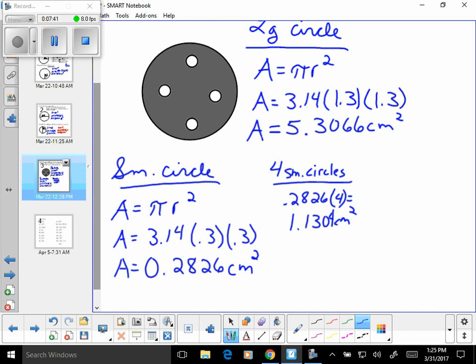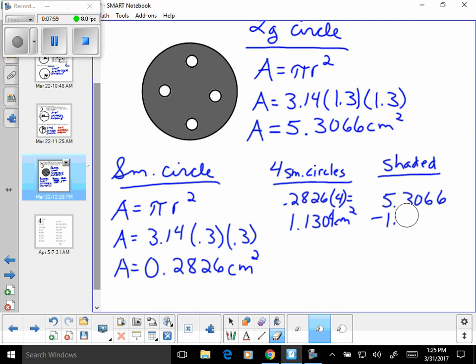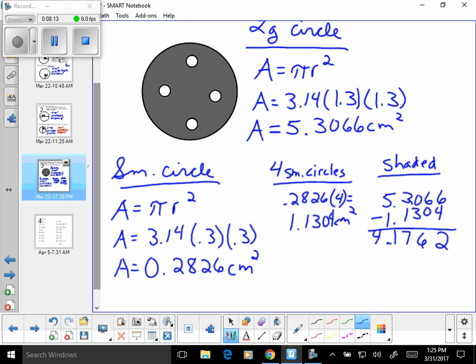Now, in order to find the shaded area, they're taking these little circles out of the big circle. So that means you're going to want to subtract. Usually if they cut holes into something and they want the shaded area, you're going to have to subtract. So I'm going to take 5.3066 minus 1.1304, which is about 4.1.